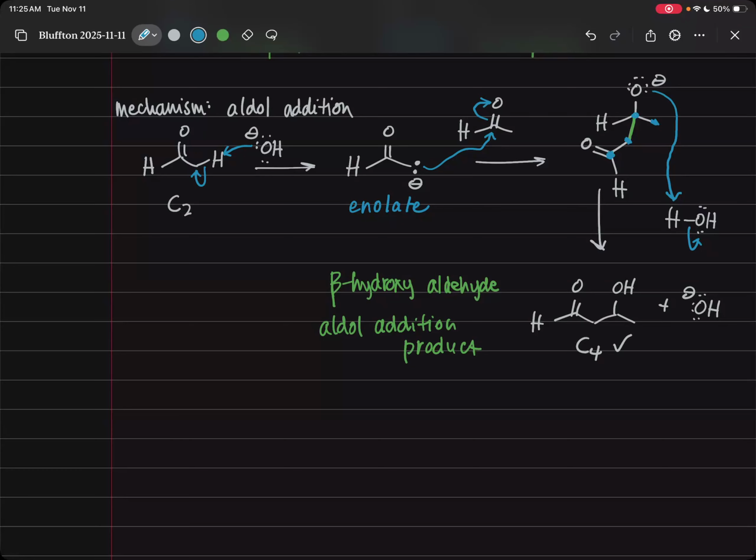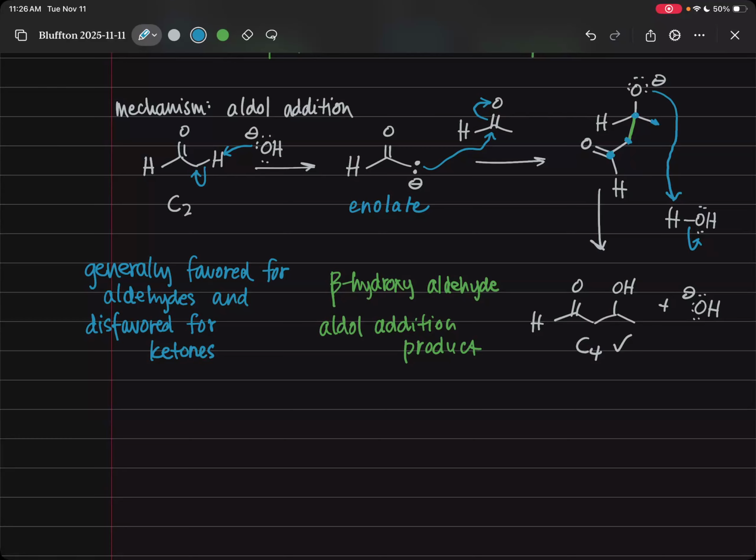Okay, so this process is, generally speaking, favored for aldehydes and disfavored for ketones.